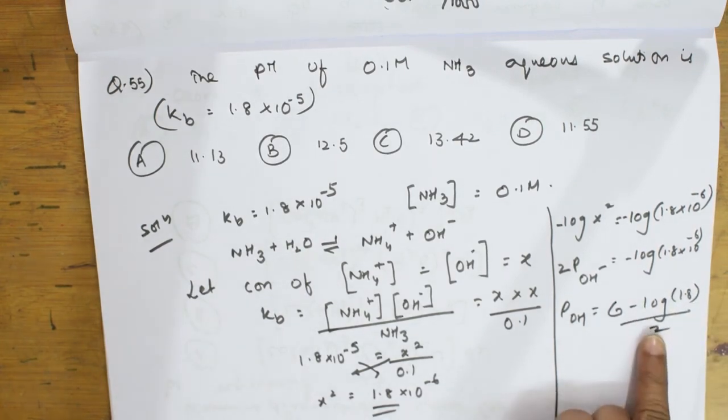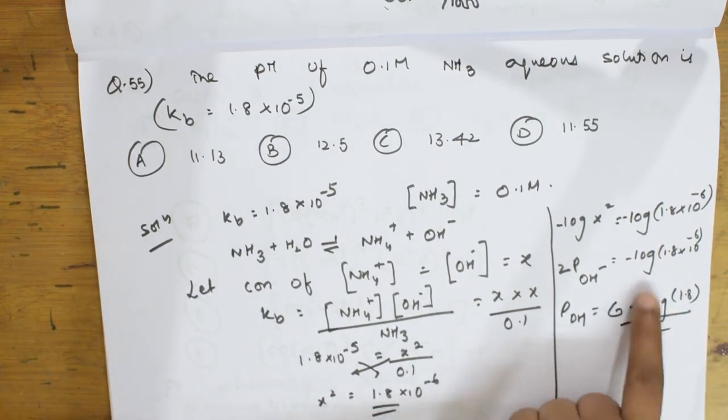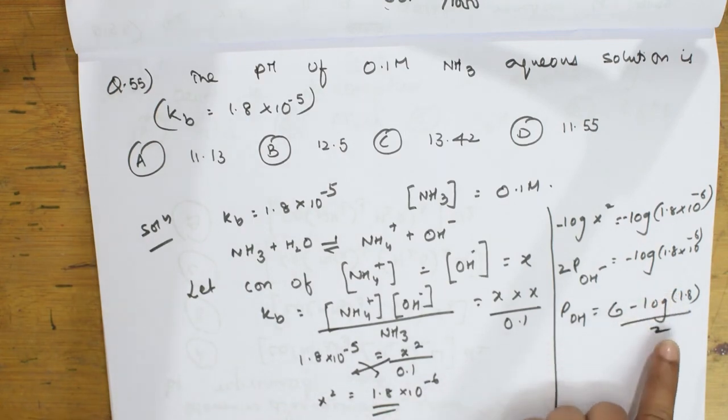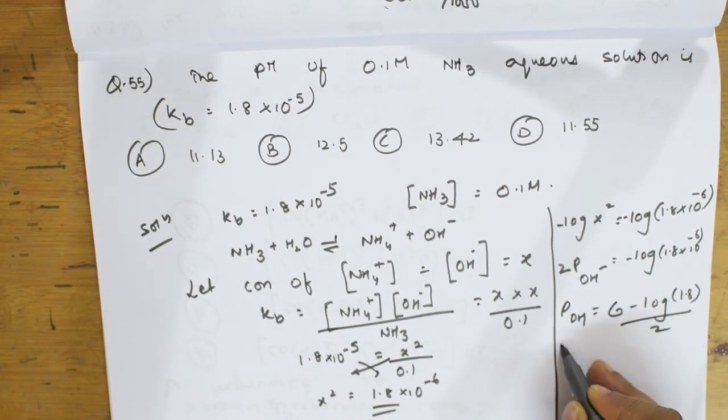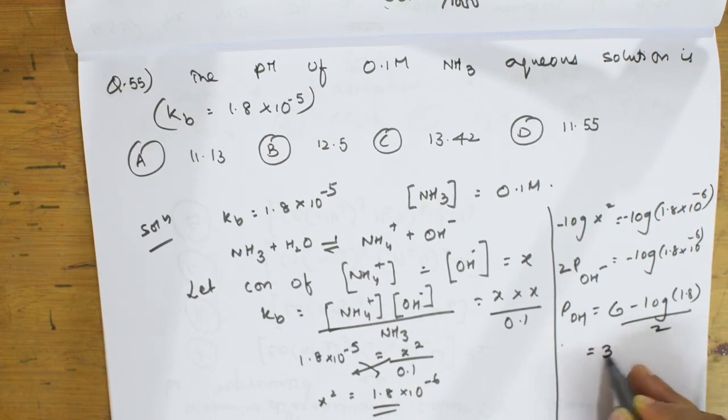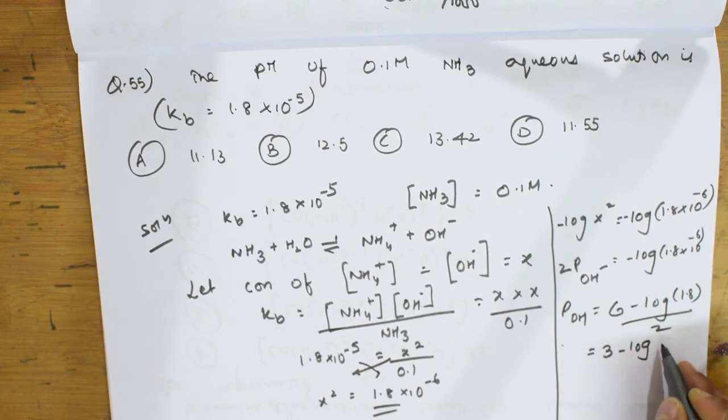Hope students this is clear. Hope I'm not confusing you all. Right, it's a simple thing. It is basically your log value which we have taken in this way. Right, now let's solve this further. 2 3s are 6, so this becomes equal to 3 minus log 1.8.